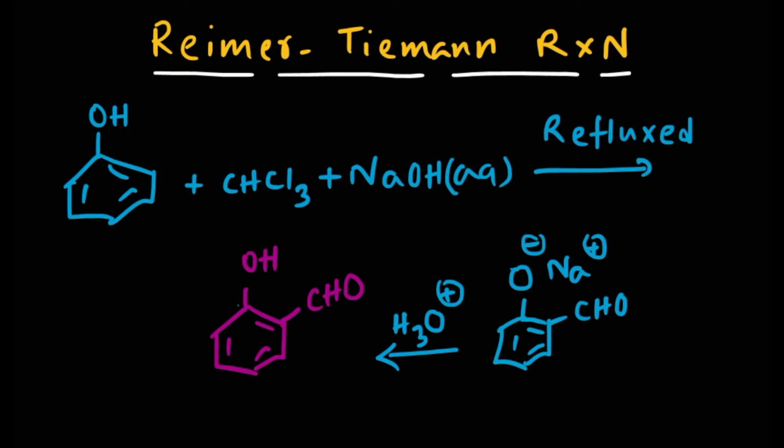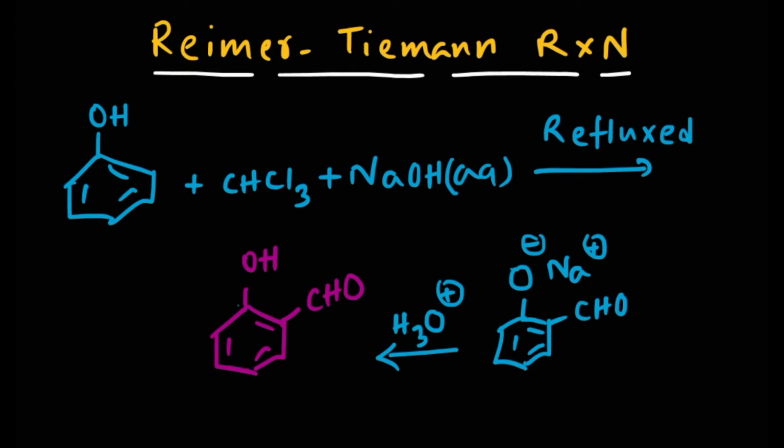So we know if the conjugate base is more stable, then definitely the parent acid from which this conjugate base comes is more acidic. So as the conjugate base is stabilized due to resonance in this ring, phenol is acidic. Clear? Now if it reacts with chloroform and sodium hydroxide and reflux, then we will get salicylaldehyde.